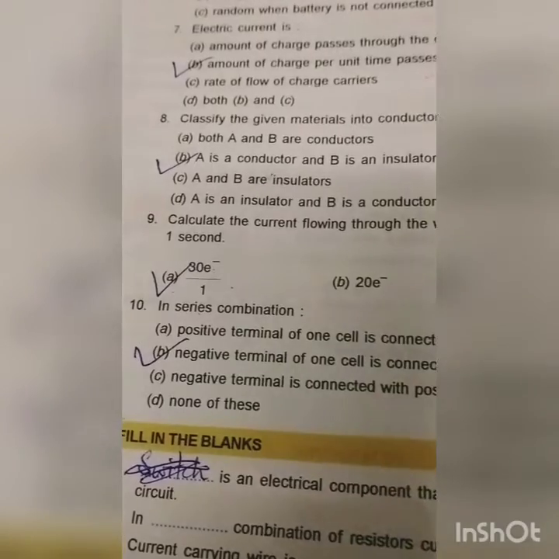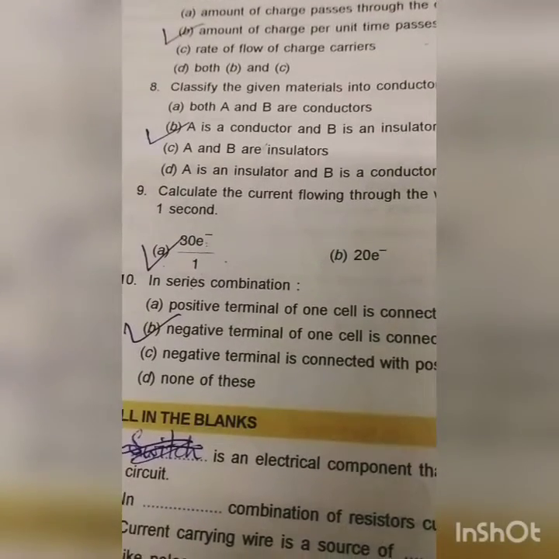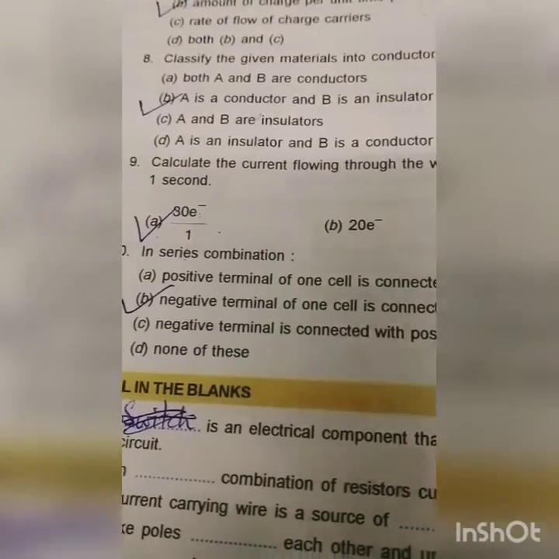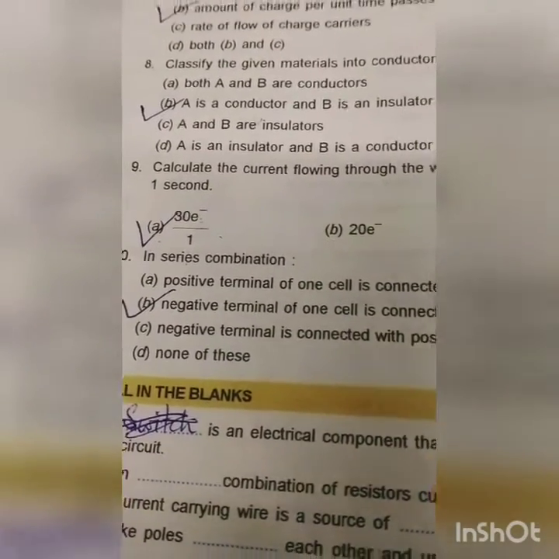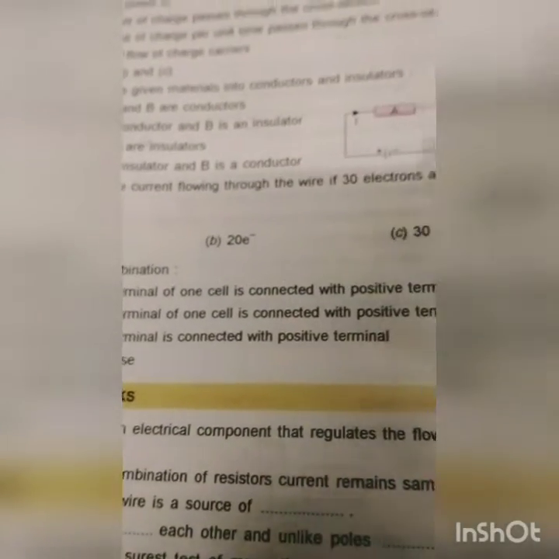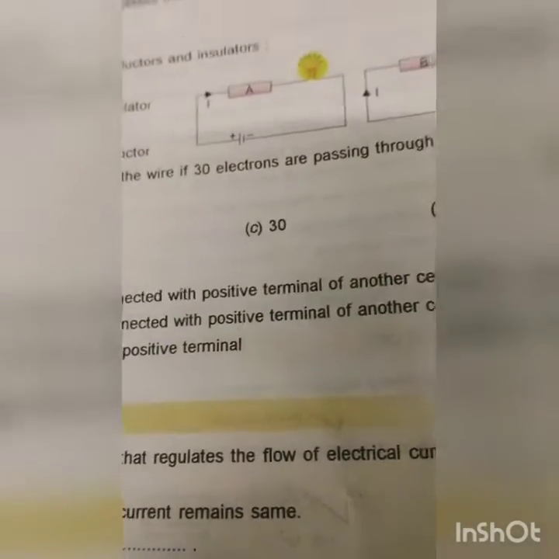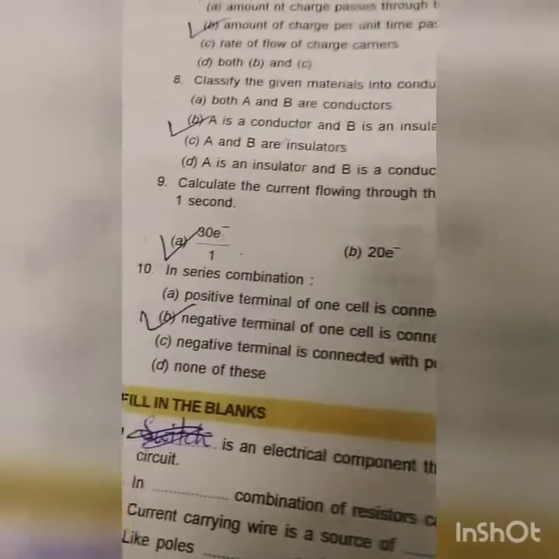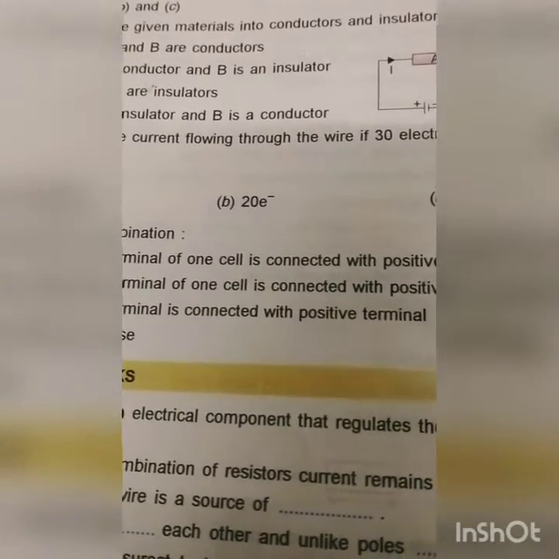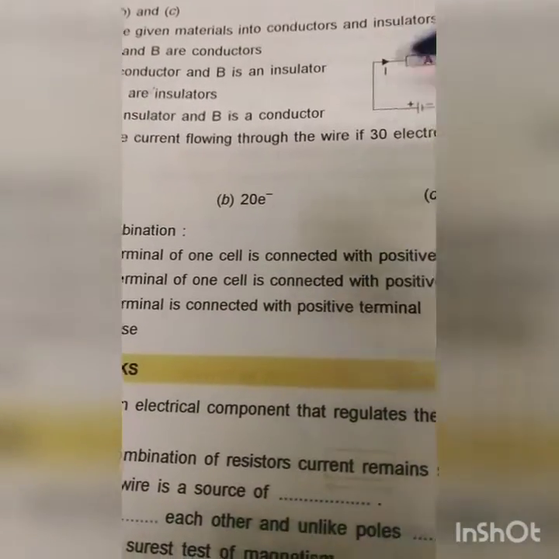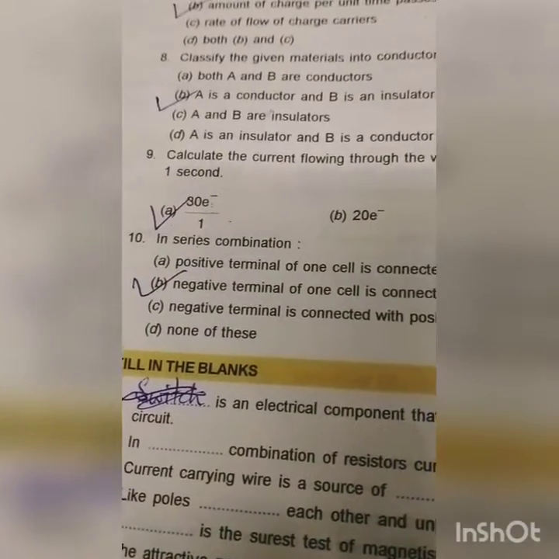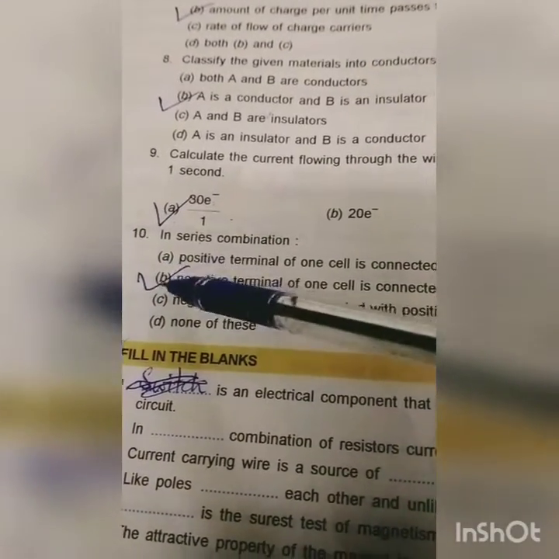In a parallel combination, positive is connected to positive and negative is connected to negative. But in series, negative is connected to the positive of the other cell. So this is called series. When positive is connected to negative, again positive is connected to negative, this is called the series combination. So B is the correct option here.